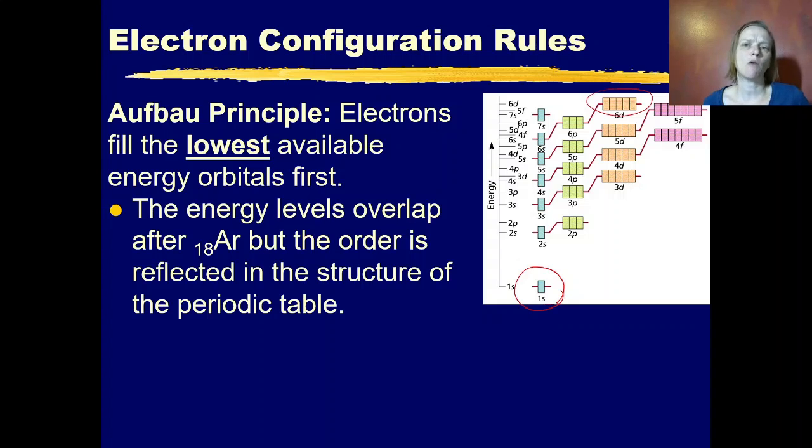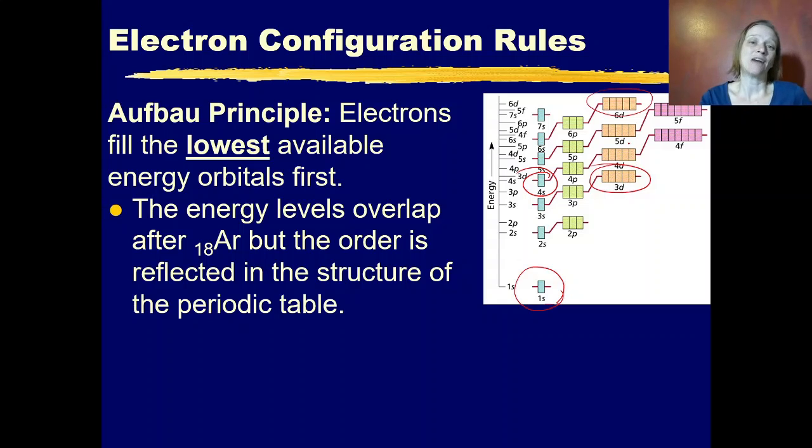That means that once we start filling up these energy sublevels, they stop going in a nice convenient order. It would be really nice if the order were 1s, then 2s, then 2p, then 3s, then 3p, then 3d. But that doesn't happen. We start getting overlap right here.